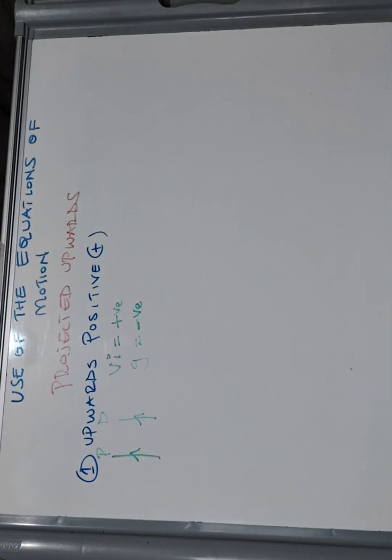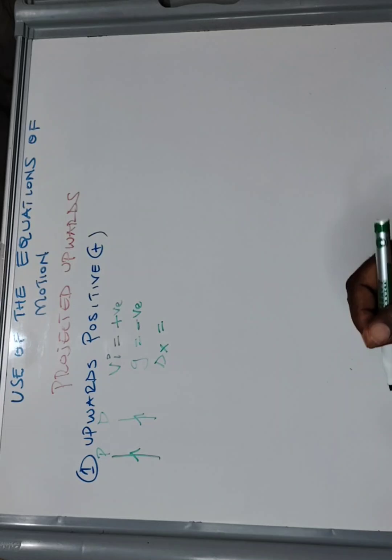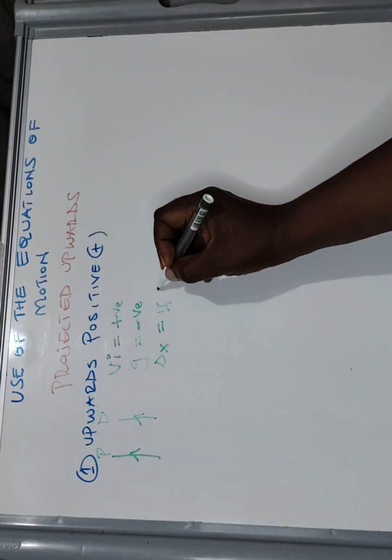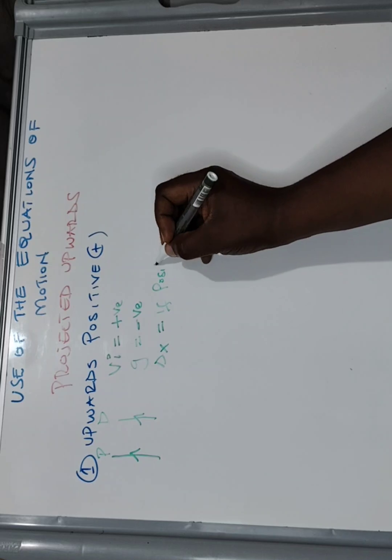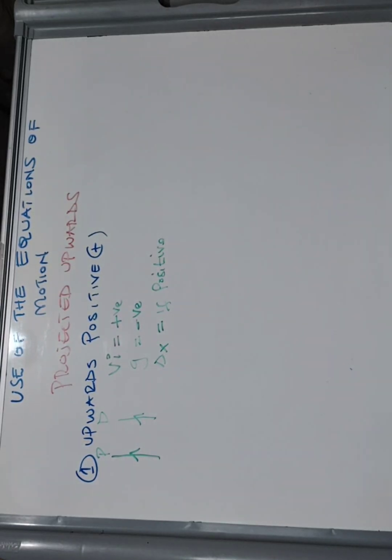Okay. Then what else do we know? Time doesn't matter, but delta X matters. Yes, delta X matters. If positive, we can make a conclusion. And what is that conclusion?